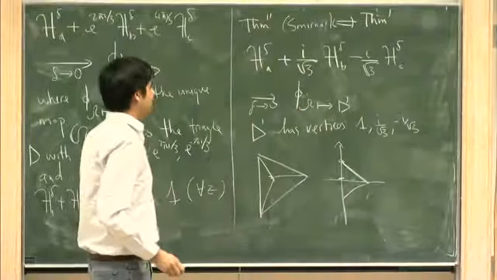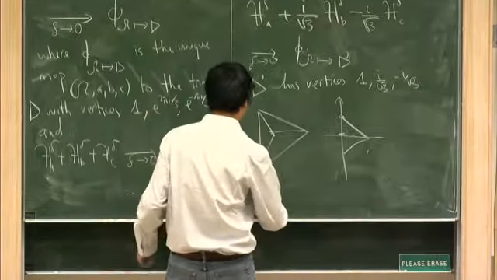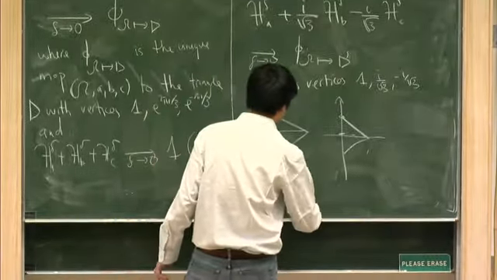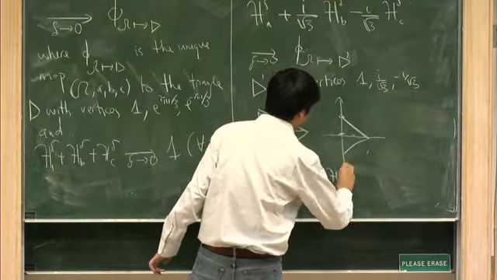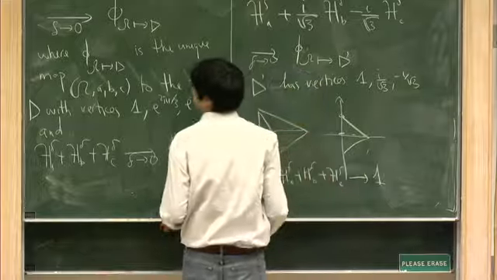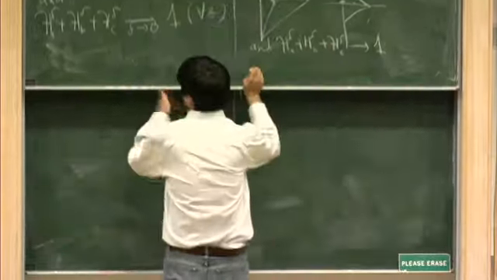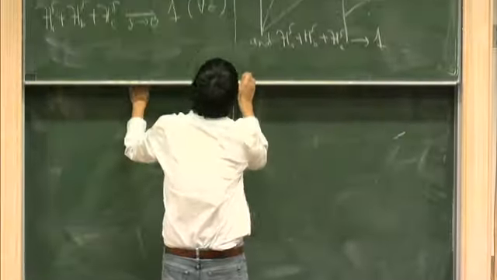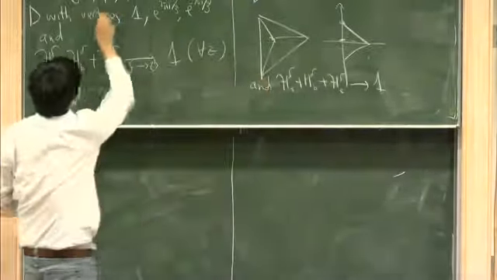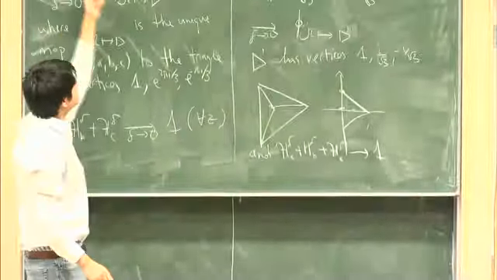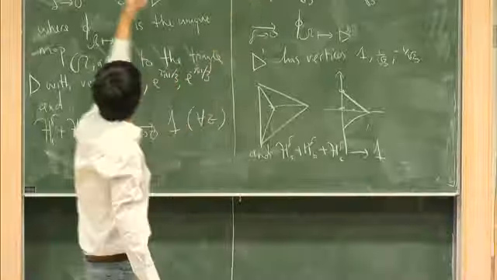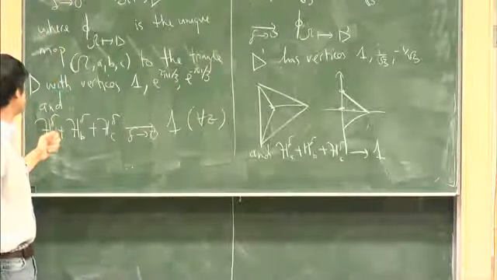And HA plus HB plus HC delta converges to 1. Okay. So that theorem, this theorem and that theorem are completely equivalent. For this function is 2/3 times that function plus 1/3 times that function.